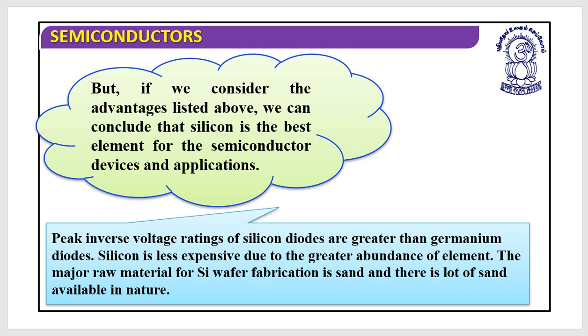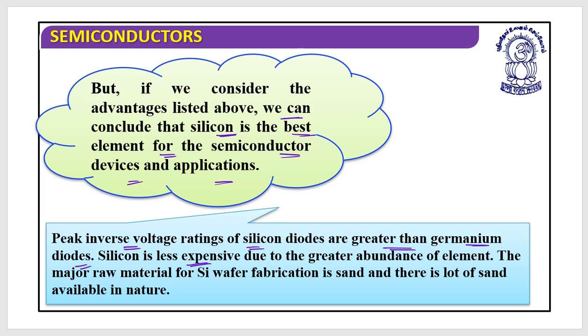Next, if we consider all the advantages and disadvantages listed above, we can conclude that silicon is the best element for semiconductor devices and applications. And one more thing is that the peak inverse voltage, which we generally call PIV, ratings of silicon diodes are greater than germanium diodes.